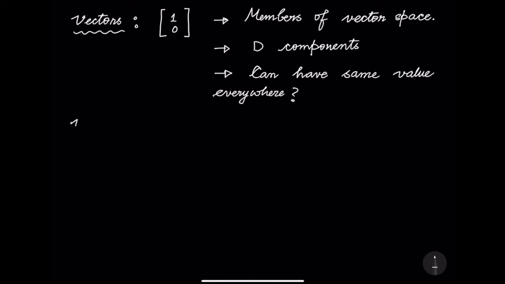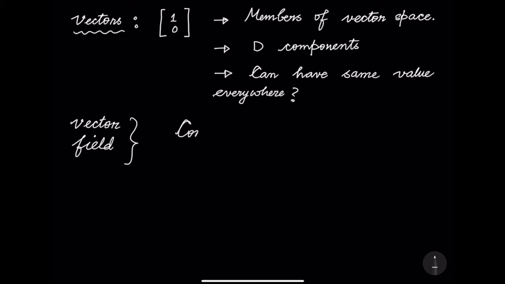On the other hand, if I have a vector field, now the components of the vector will have different values at different positions in the manifold.